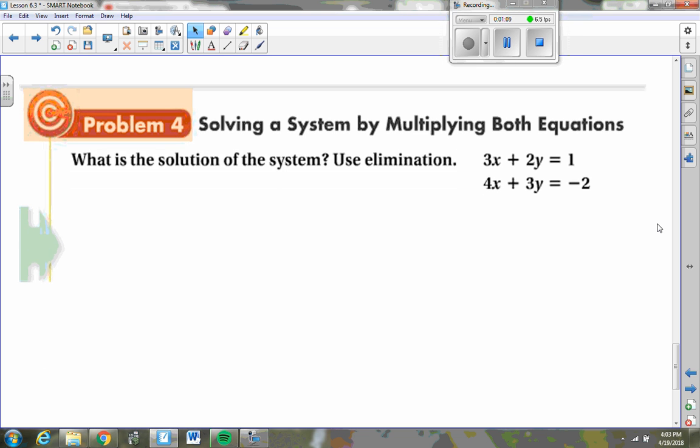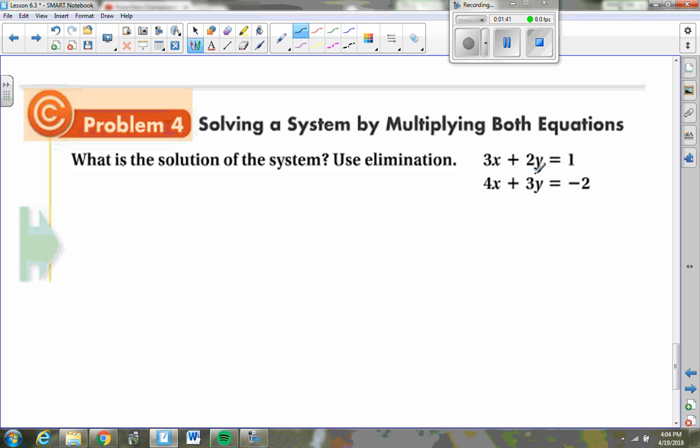If I look at this system of equations right here, 3x plus 2y equals 1, 4x plus 3y equals negative 2, I want to notice that neither of my variables, x or y, have the same number in front. So this is not a system of equations that is set up very well for elimination.